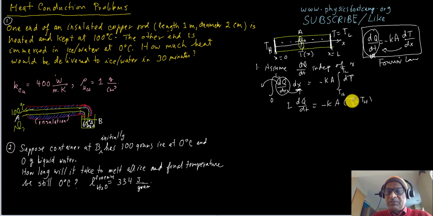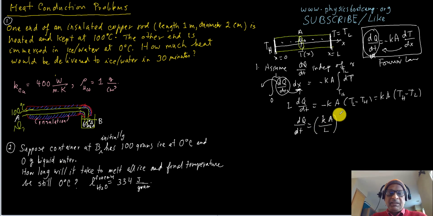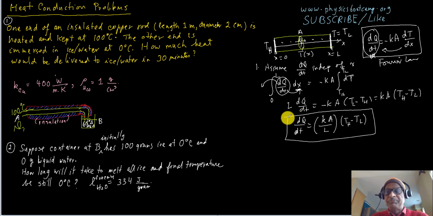This minus sign you can absorb by changing it to kA (TH minus TL), and so dq/dt is going to be kA over L, which is the same for a given rod, given problem, times (TH minus TL). So this is the formula that we will use to solve both 1 and 2.